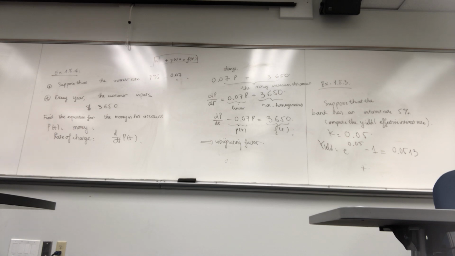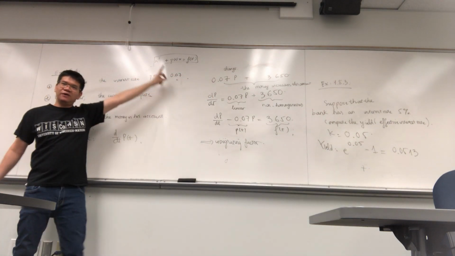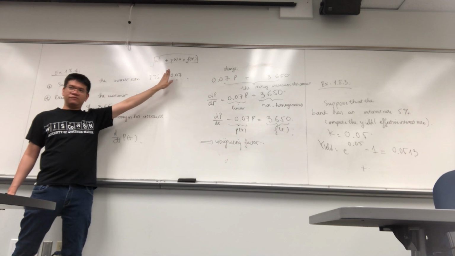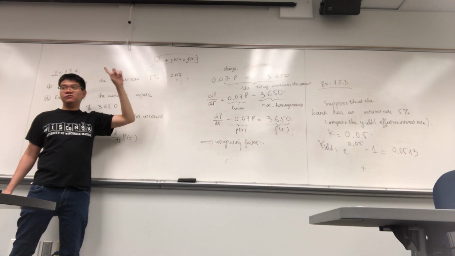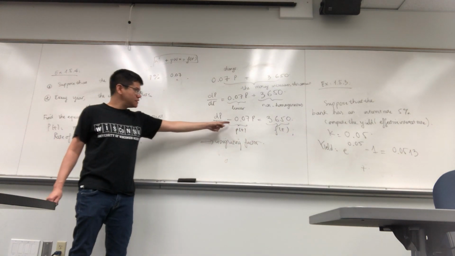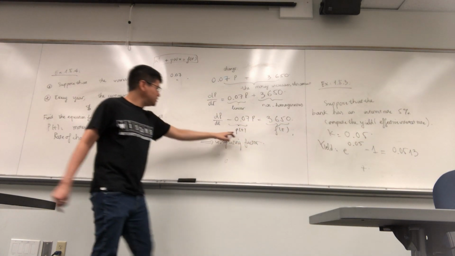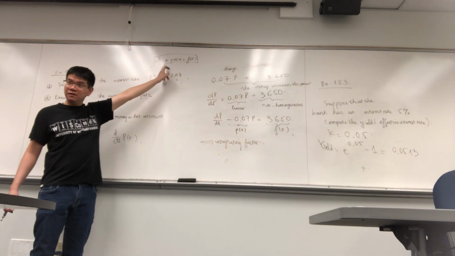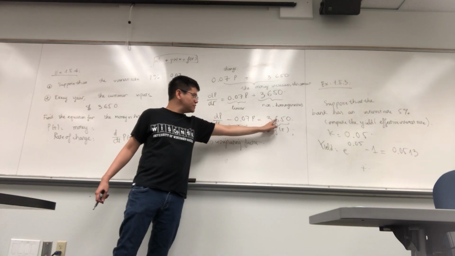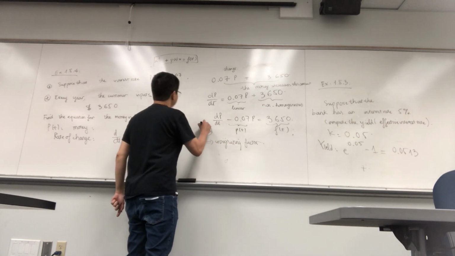In the beginning of the lecture, we learned how to solve linear first order non-homogeneous equations using an integrating factor. In this case, we have P prime minus 0.07P is 3,650. So this p(t) will be the p here, the f will be 3,650, and P will be x in this equation.